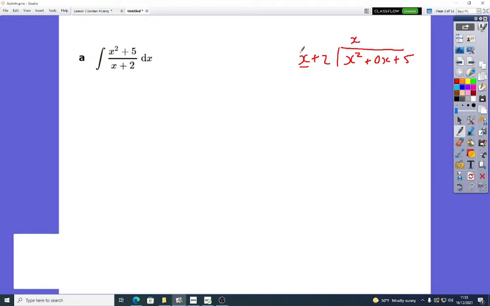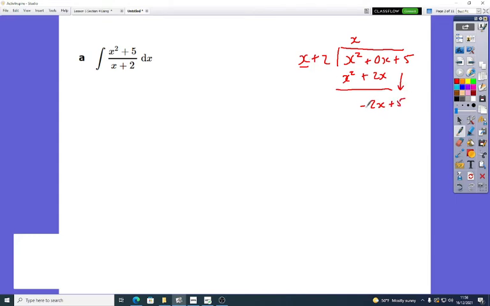Long division, so times that out, that gives me x squared. X times 2 gives me 2x, that's why it was important to put those there, so it must be in descending order. X squared take away x squared goes, that's the whole reason we did that, and 0 minus 2x is minus 2x. Bring that down, which gives me plus 5.